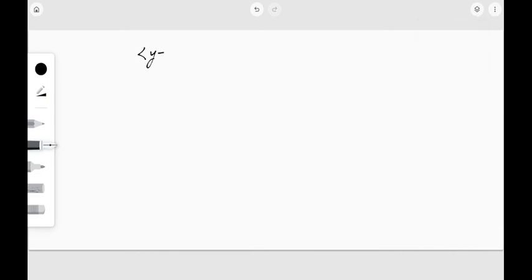So the inner product ⟨y − x, e_i⟩ is nothing but ⟨x, e_i⟩ − ⟨x, e_i⟩, because all other terms of the summation will become 0, only this term remains. So this is 0, right?